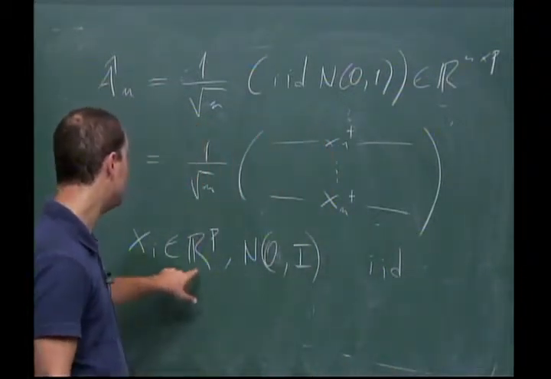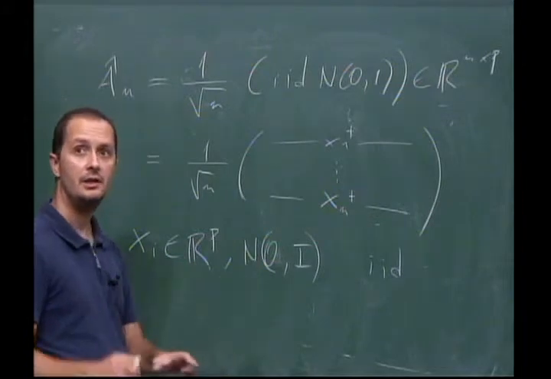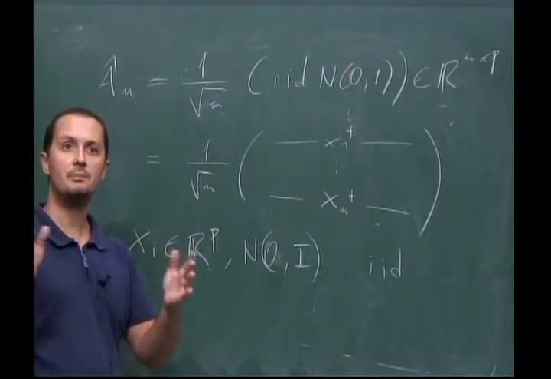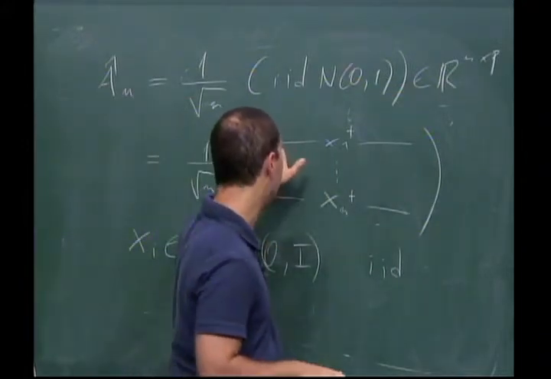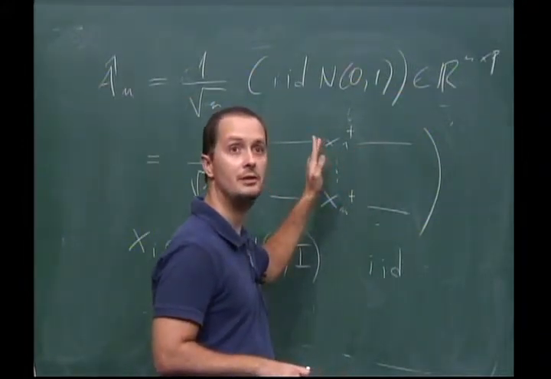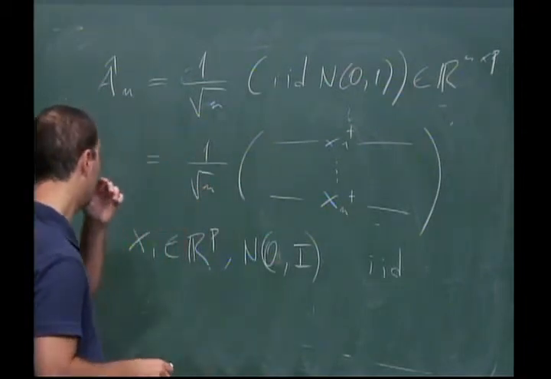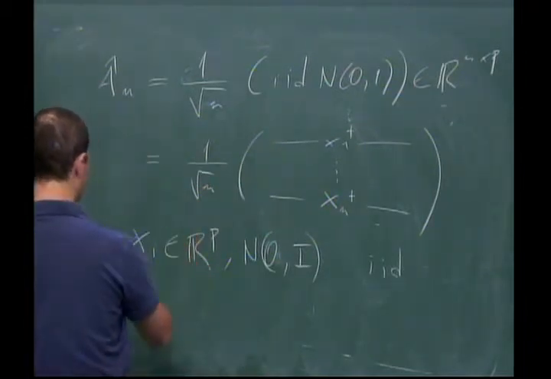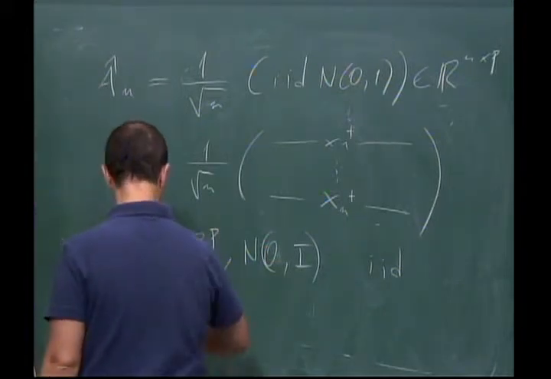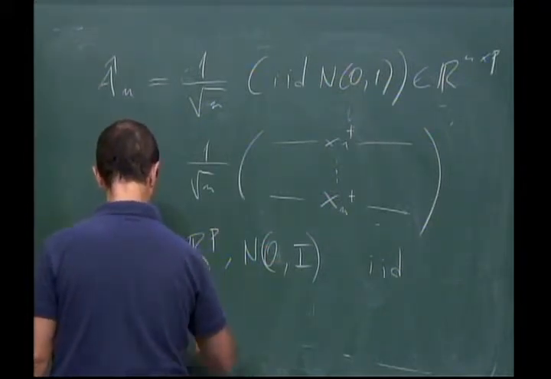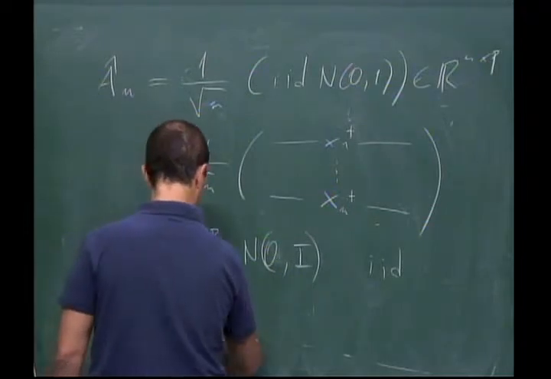So what's a standard normal p-dimensional vector? It's a vector with p coordinates that are independent normals. So here I'm saying the rows are independent, and the entries in each row are independent. So I have the same distribution. It's nice to write it like this, because then you can say that alpha hat n equals 1 over square root of the following sum.